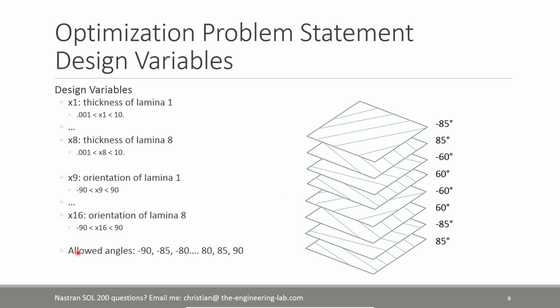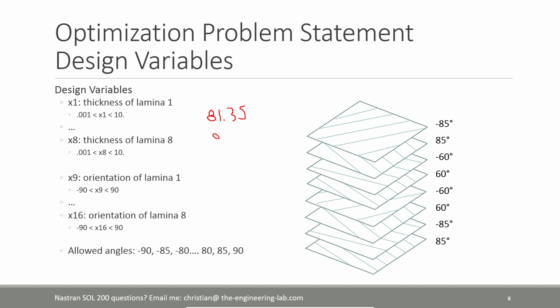And then one specific thing, at the end, we do not want to land on orientation angles that are not in increments of 5. So for example, if we land on an orientation angle such as 81.35, we don't want to land on orientation angles like that. We want to land on orientation angles that are in increments of 5 degree plies.